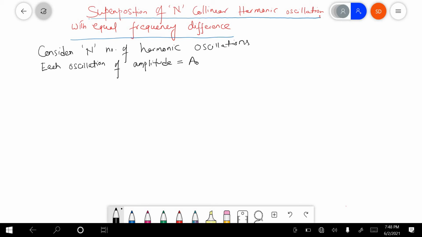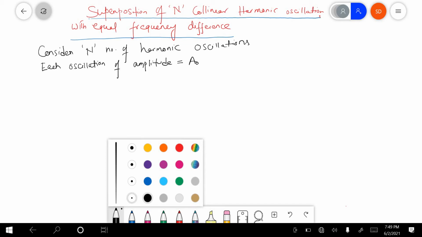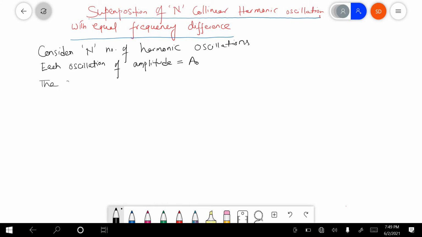That is, the angular frequencies are in the range omega 1 to omega 2.